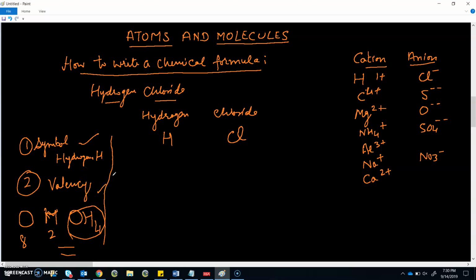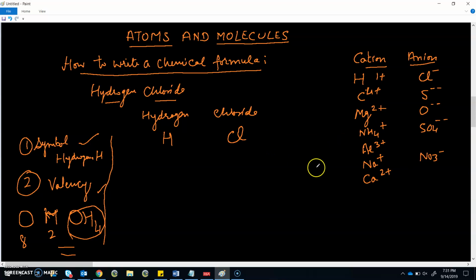These are the valencies: hydrogen 1 plus, magnesium 2 plus, ammonium 1 plus, aluminium 3 plus, sodium 1 plus, calcium 2 plus, and in the same way the anions: chloride 1 minus, sulfide 2 minus, oxide 2 minus, sulfate and nitrate.